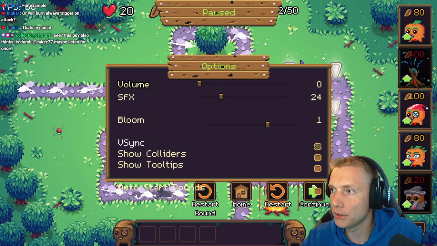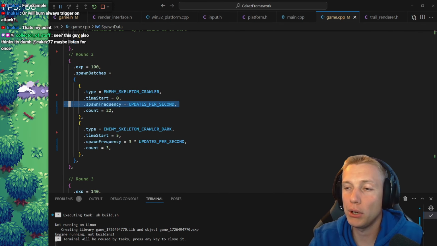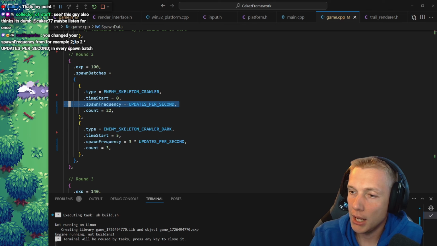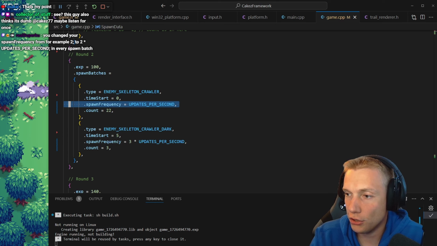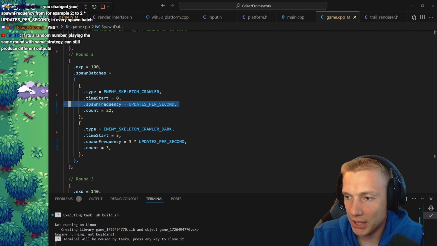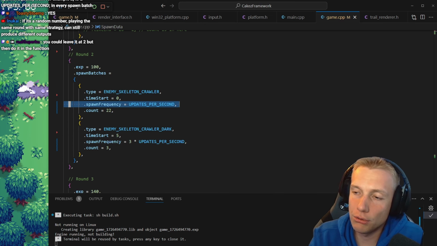What are you talking about? This is just the spawn frequency. You mean the spawn frequency should be a time and then I calculate the frequency based on the ticks? You changed your spawn frequency, for example, from 2 to updates per second in every spawn batch. You could leave it as 2 and then do it in the function. I see. Yeah, I can do that.